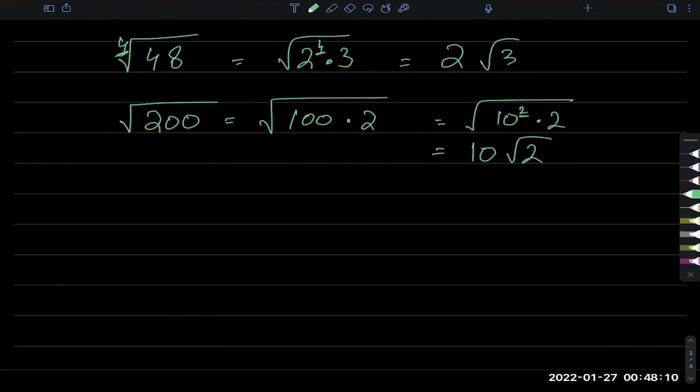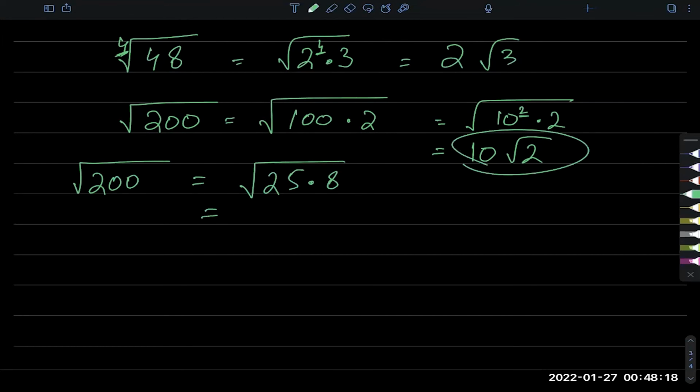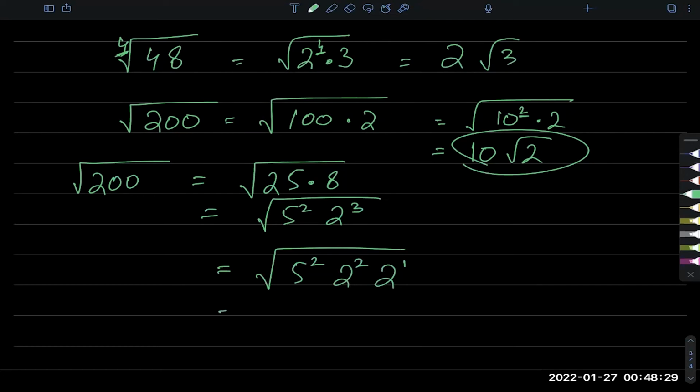But if I want to work with some other numbers, for example 25 times 8, it's my choice, but I will still end up with this answer. 25 is 5 squared and 8 is 2 cubed, and I can further break down the cube into 2 squared and 2 power 1. This divides to give me 5, this divides to give me 2, and this can't be divided. So there you go, 10 square root 2 is my final answer again.